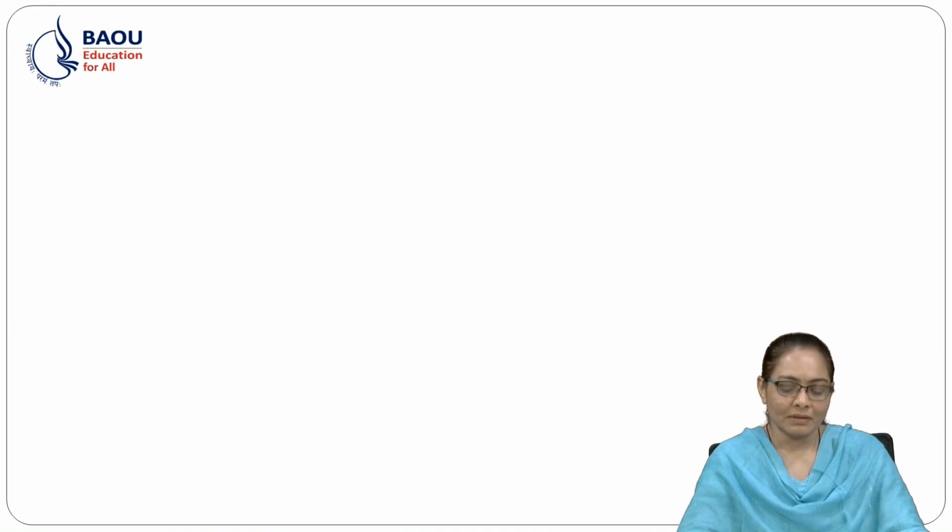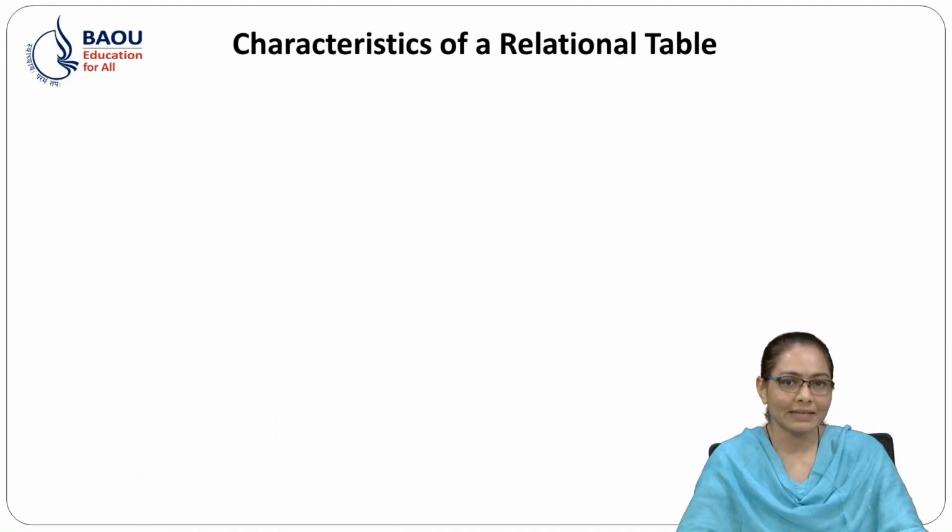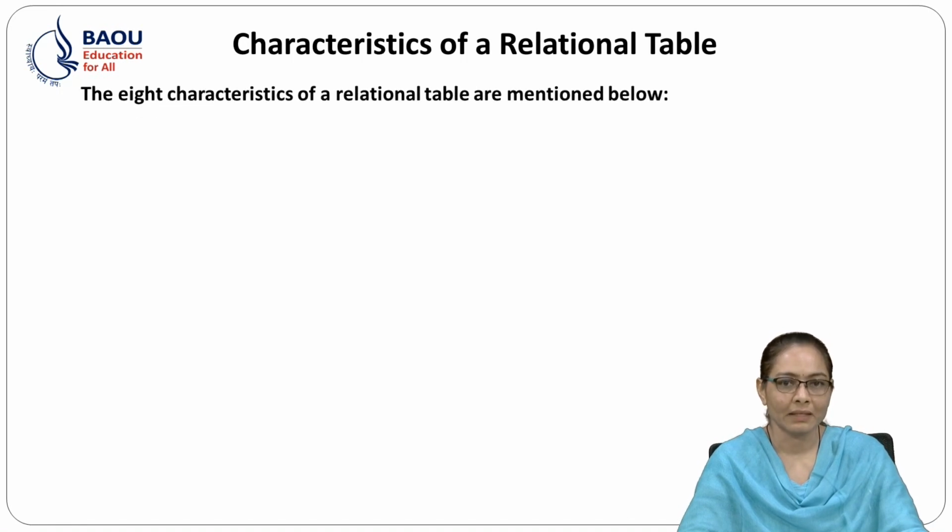Now, start with the characteristics of the relational table. The view of the data in table format makes it easy for the database designer to design the database. The 8 characteristics of the relational table are mentioned below.